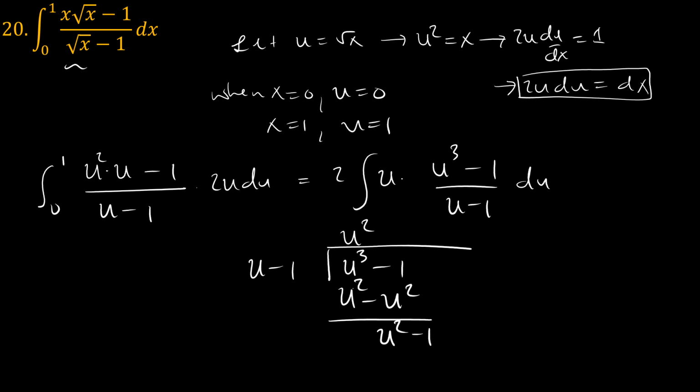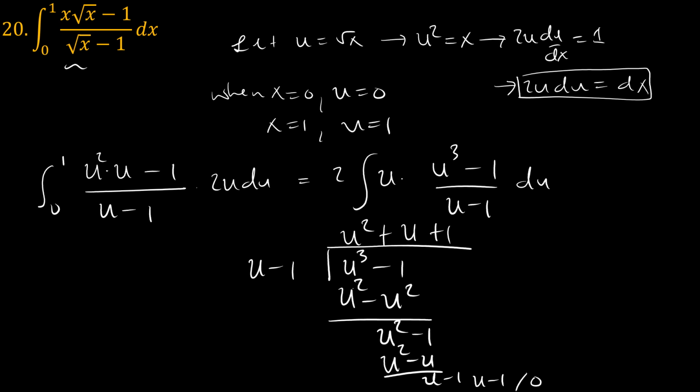And then plus u, we have u squared minus u, which is u minus 1, plus 1, u minus 1, which is 0.